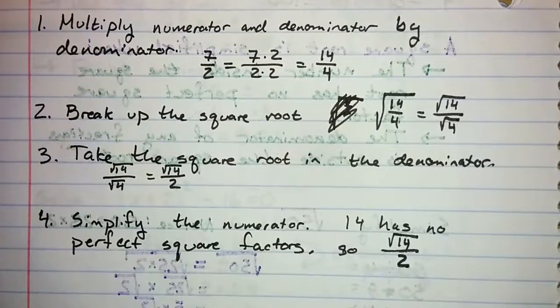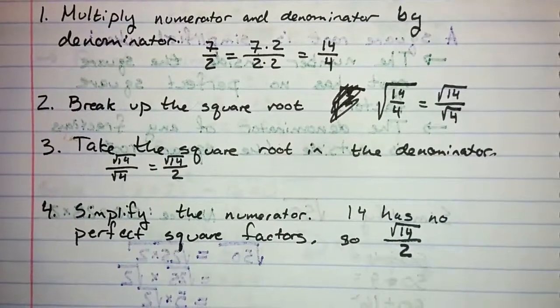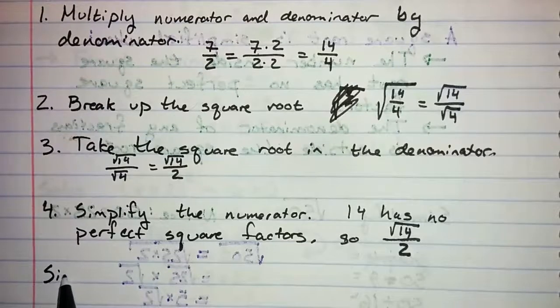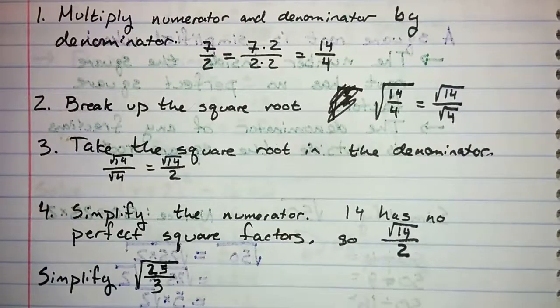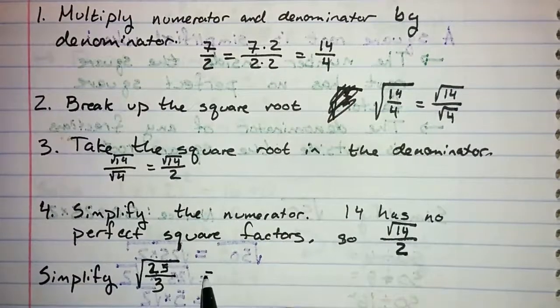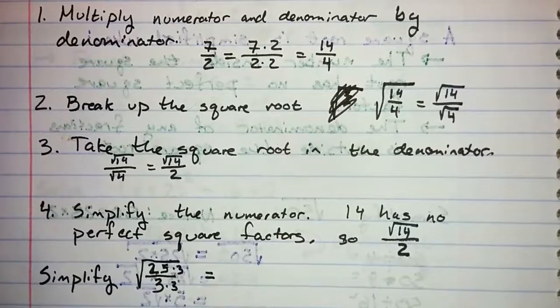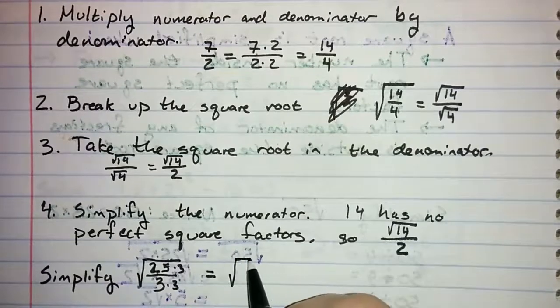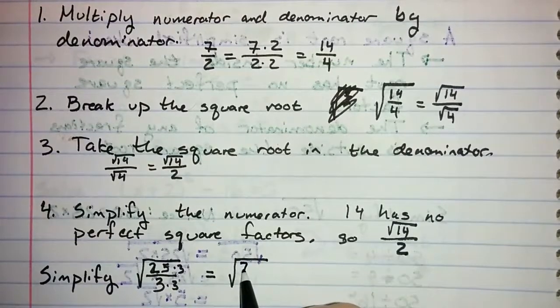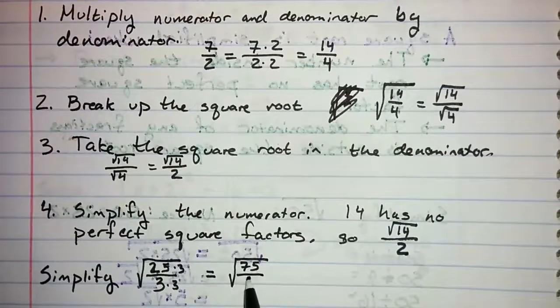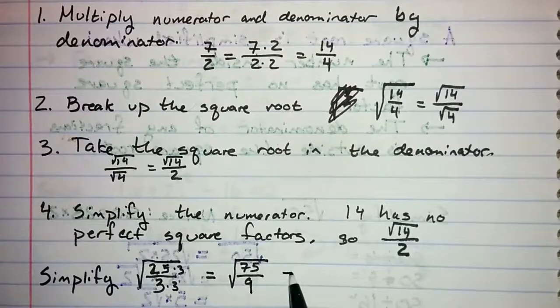Let me show you another example of this, and then I'll give you one to try. All right, so let's simplify the square root of 25 thirds. So I'm going to multiply the numerator and denominator each by 3. Remember, that doesn't change the value of my square root. So I'll have 75 ninths.